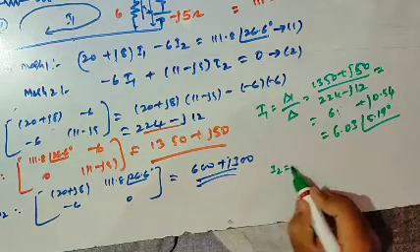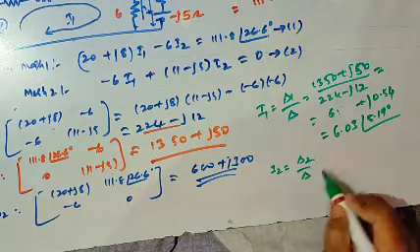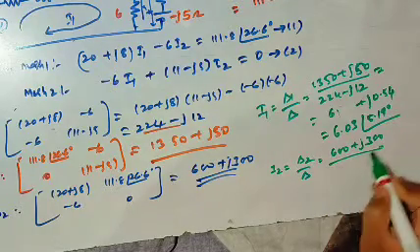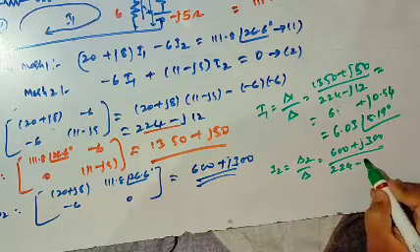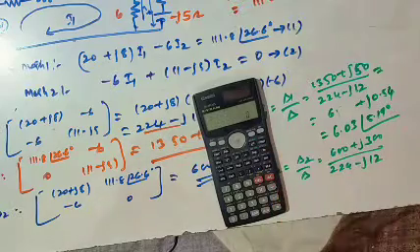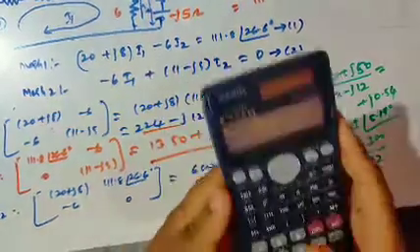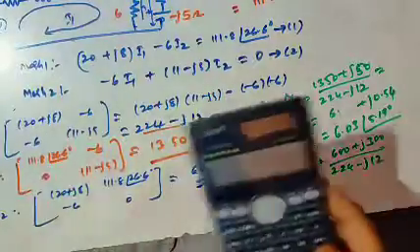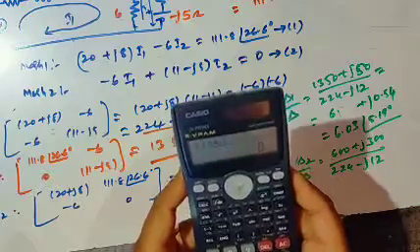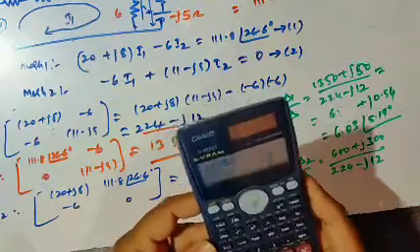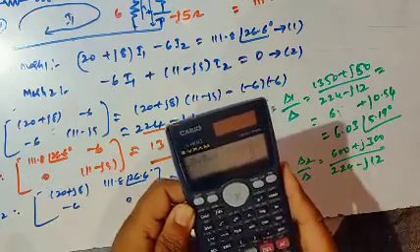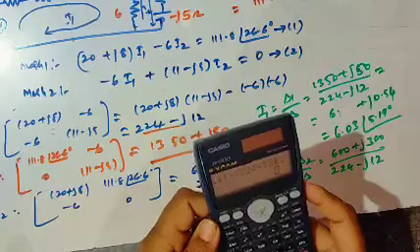Similarly, I2 is equal to delta 2 divided by delta, that is 600 plus J300 divided by 224 minus J12. See, it is very simple. When pressing in complex mode, the result will be in rectangular form only. So I'll write 1350 plus 50I divided by 224 minus 12I.